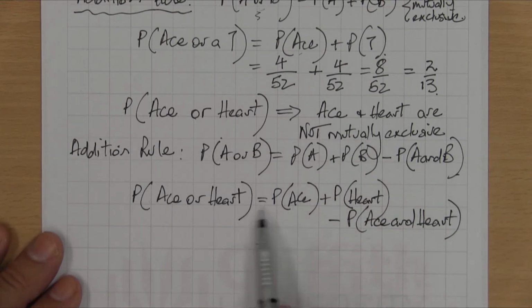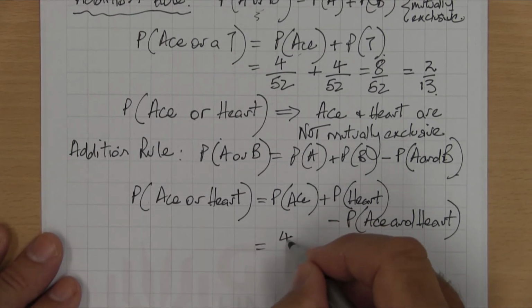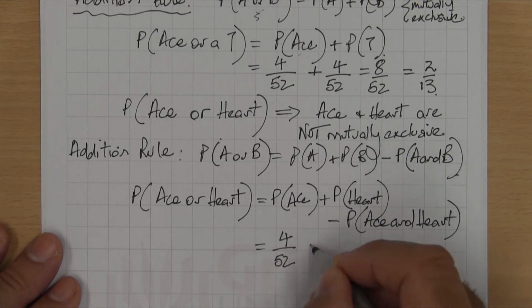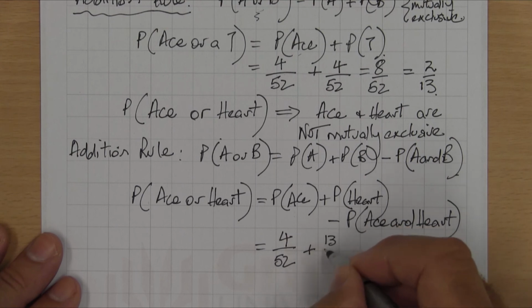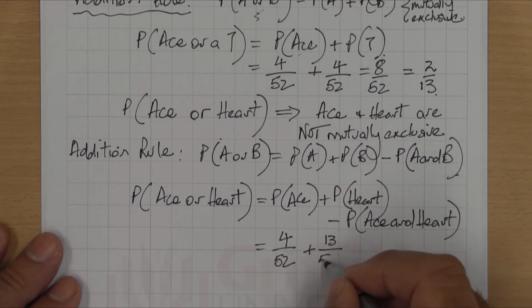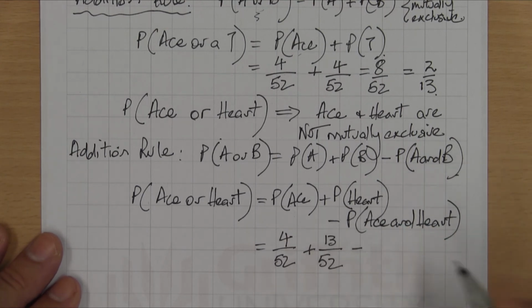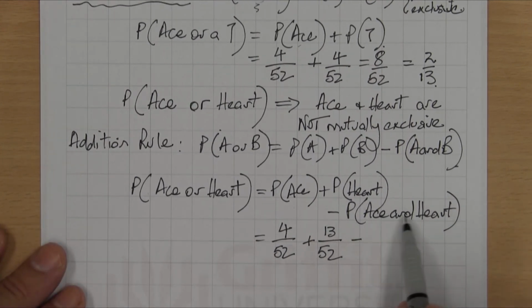Okay, probability of ace is the same as before. There are 4 aces in a pack, so 4 on 52 plus hearts. How many hearts are there in a pack? There are 13 hearts in a pack over 52, minus probability of an ace and a heart.